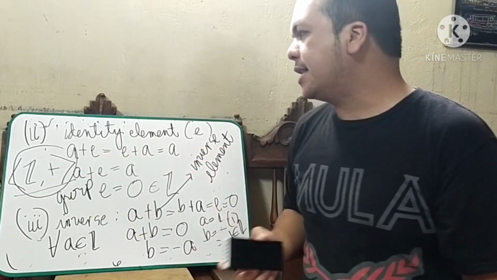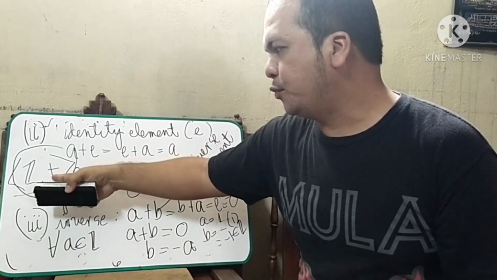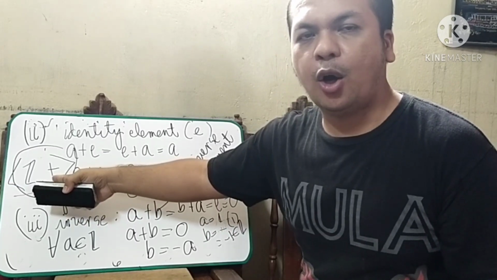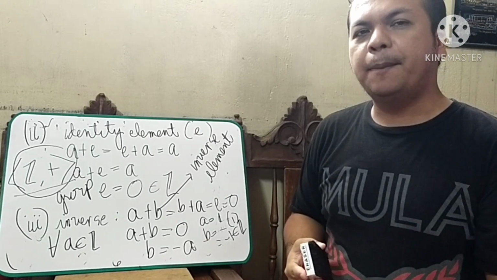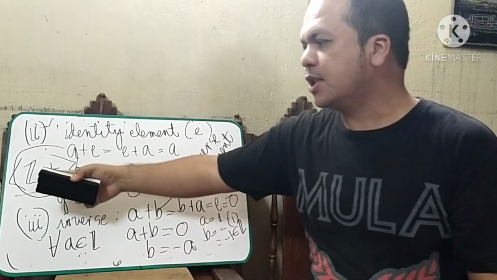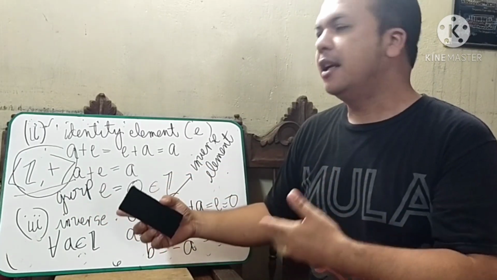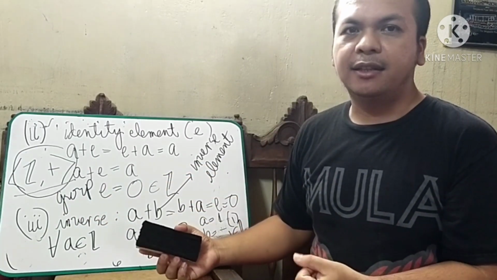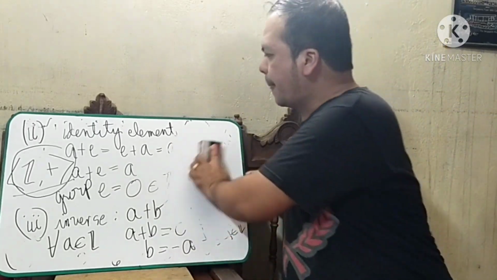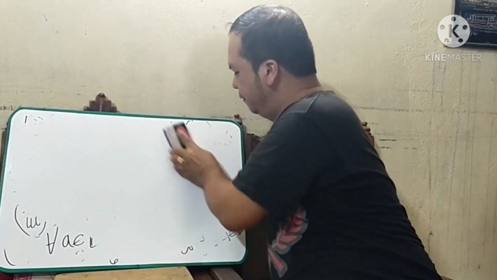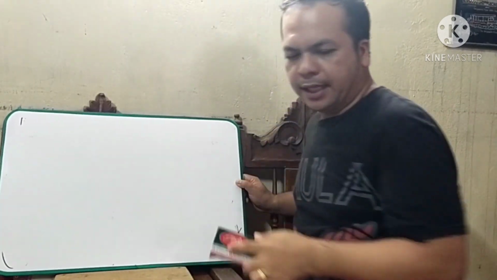Now, let us change this operation addition to multiplication. So from addition to multiplication, but we will still use the set of integers to be our set. Okay.